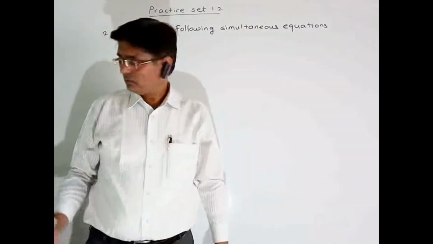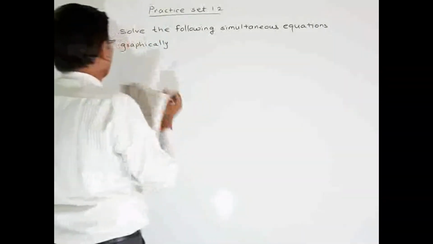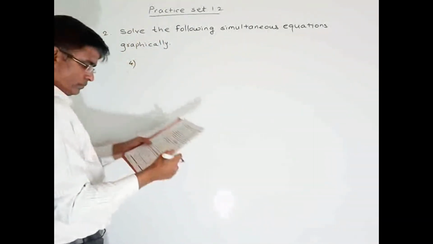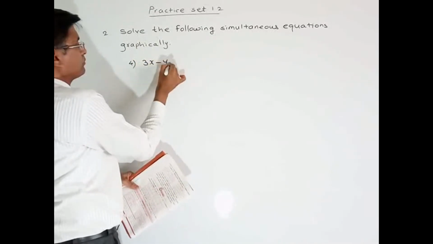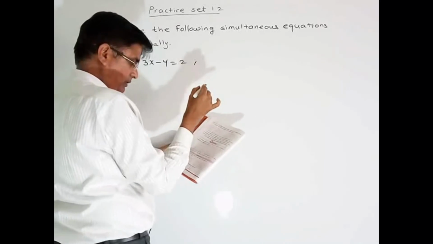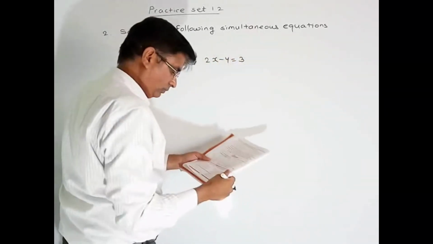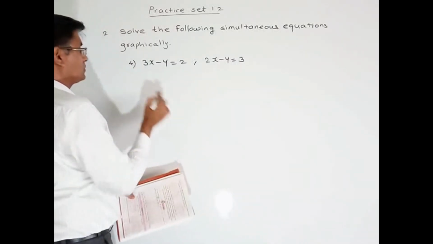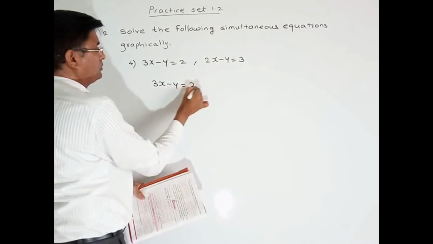Now I will take the fourth sum. x minus y is equal to 2 and 2x minus y is equal to 3. So the first equation is 3x minus y is equal to 2.